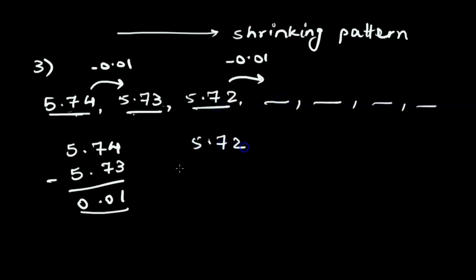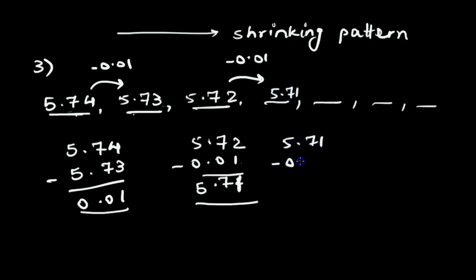So 5.72 minus 0.01: 2 minus 1 is 1, 7 minus 0 is 7, 5 minus 0 is 5, and we get 5.71. Next we do 5.71 minus 0.01: 1 minus 1 is 0, 7 minus 0 is 7, 5 minus 0 is 5, we get 5.70.